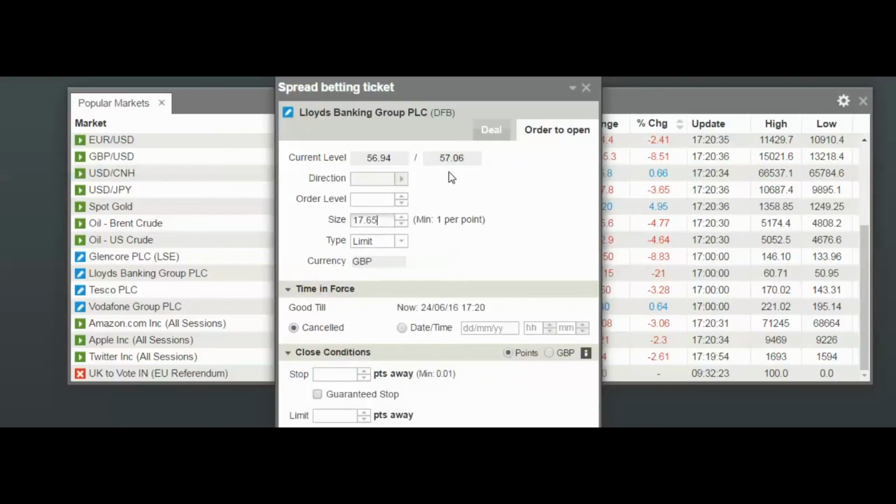So let's just say you did buy them at 57, so this figure here, you bought them at 57 pence, and they went up to £1, so they increased by 43 pence.